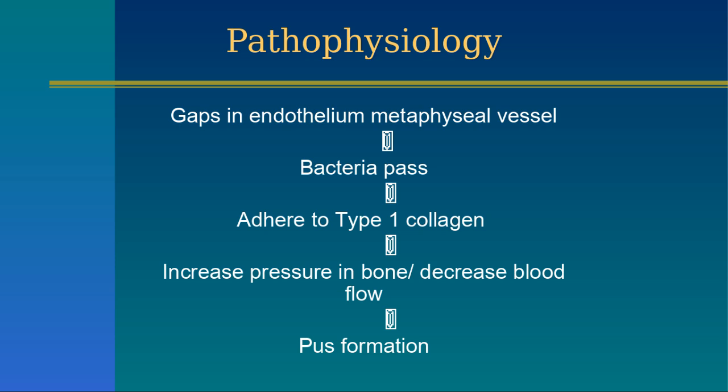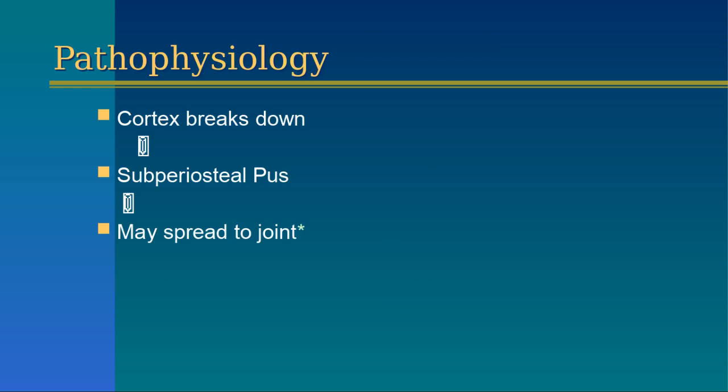As it forms, it's space occupying, but bone won't accommodate the pus. So the pressures within the bone are increased. We call it intraosseous hypertension. Over time, it will find a way to decompress itself. That's when you have a breach in the cortex because the pus is trying to get out of the bone.